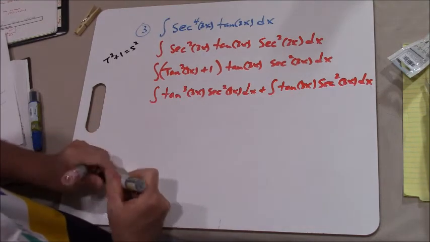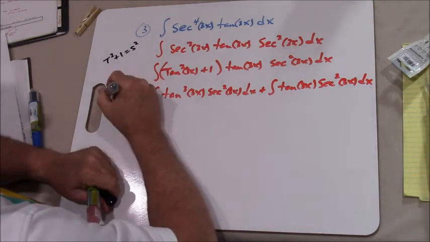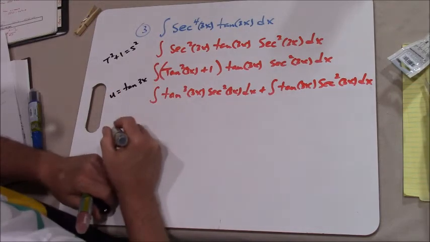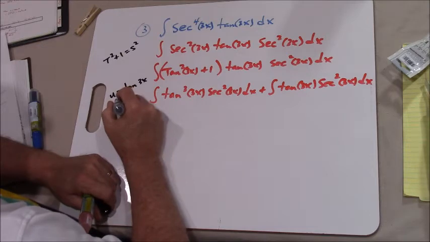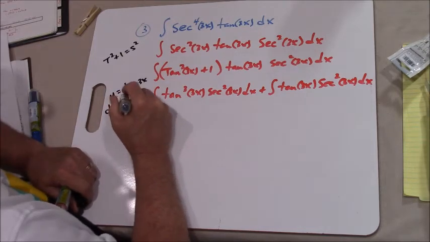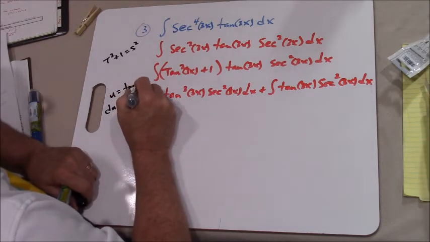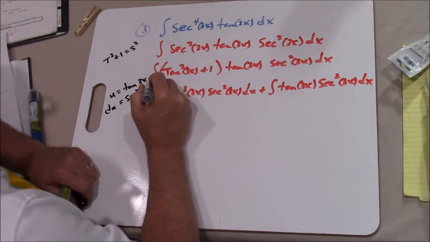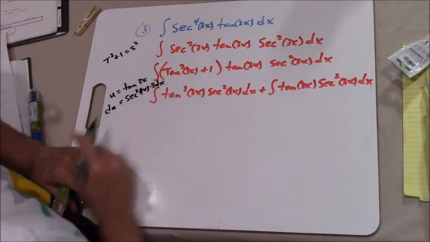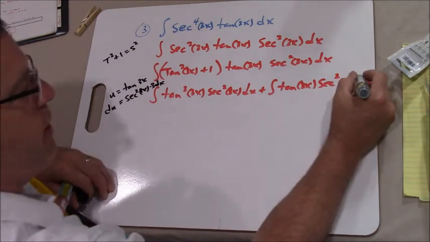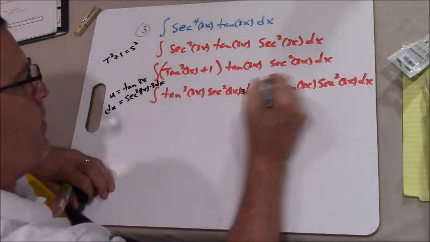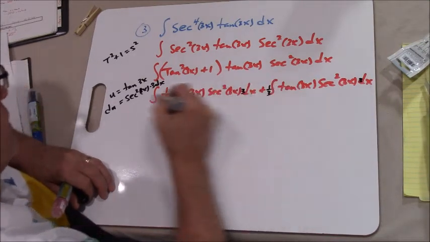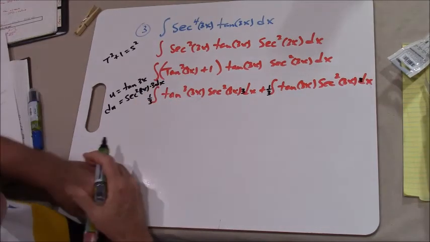Alright, so now we'll do our substitution. I'm going to let u equal a tangent of 3x. Therefore, du is going to equal a secant squared of 3x times the derivative of the angle, which is 3, and I just took the derivative of x. So I need a 3 here and here, which means I need 1/3 out in front.